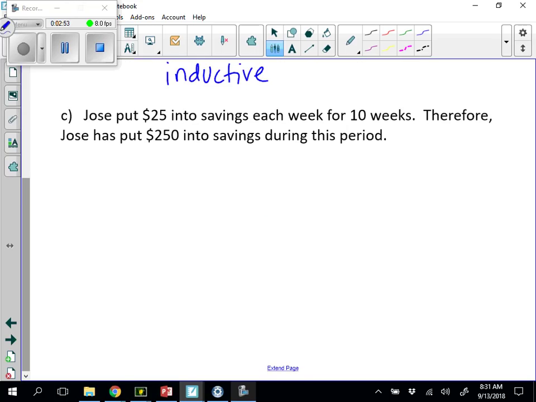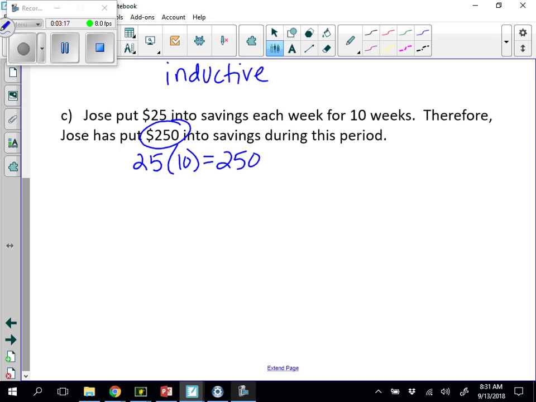Next one. Jose puts $25 into savings each week for 10 weeks. Therefore, Jose has put $250 into savings during this period. Well, let's see. Do I agree with that? If he puts $25 into savings each week, he does it for 10 weeks. So when I calculate 25 times 10, I get $250, which is what this says.